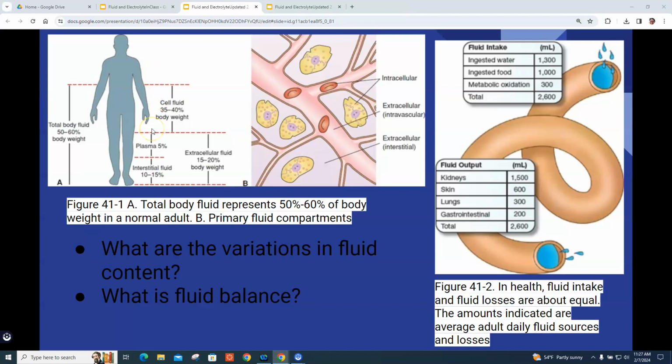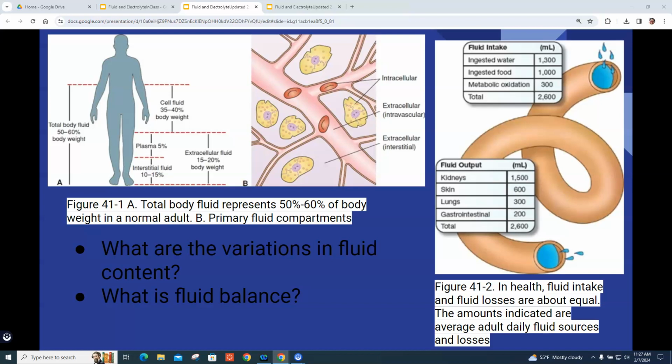There are two huge compartments that you will need to know and how they affect our fluid balance. So let's talk about the variations in fluid content. The normal variation in fluid can change depending on the actual person. What we do know is that fluid content in a person's body accounts for 50 to 60% of their weight.